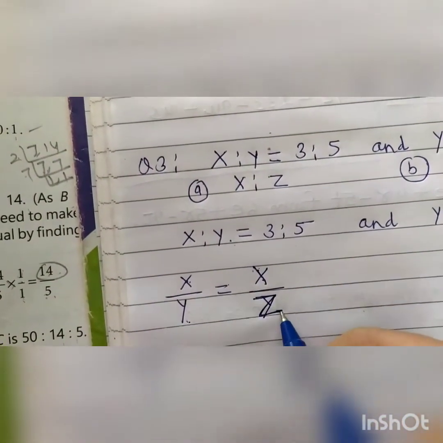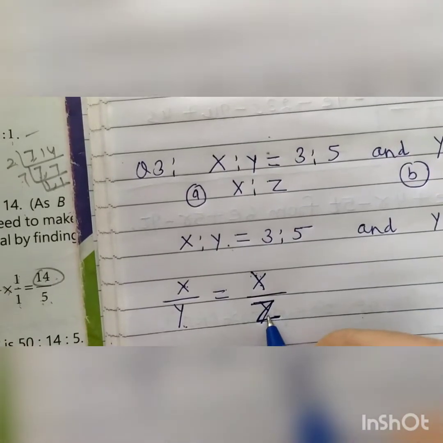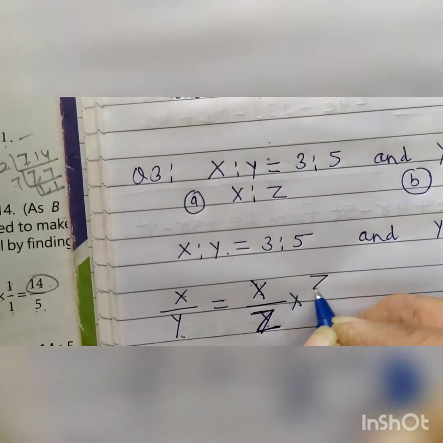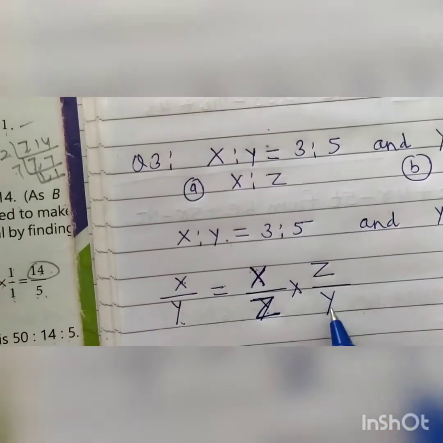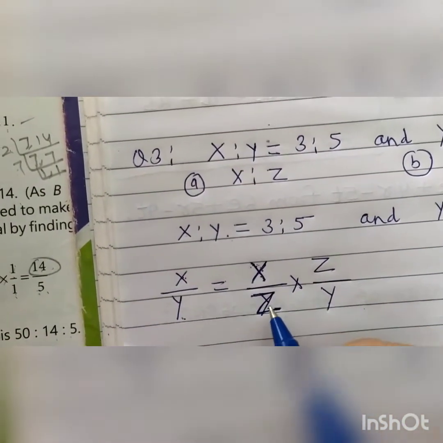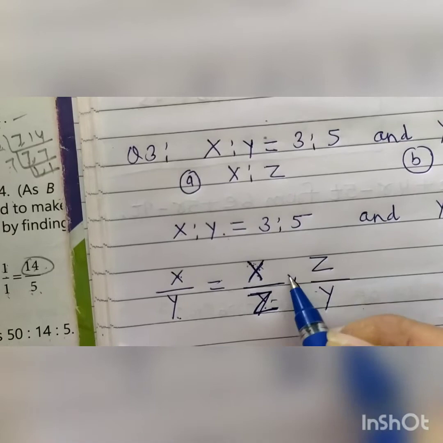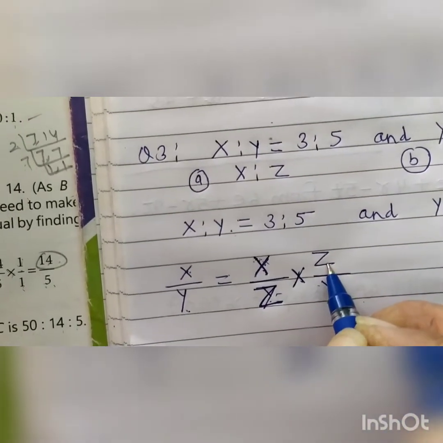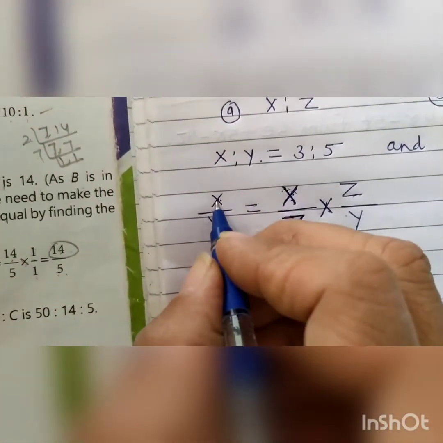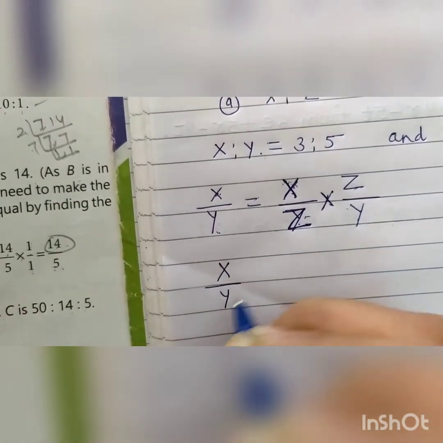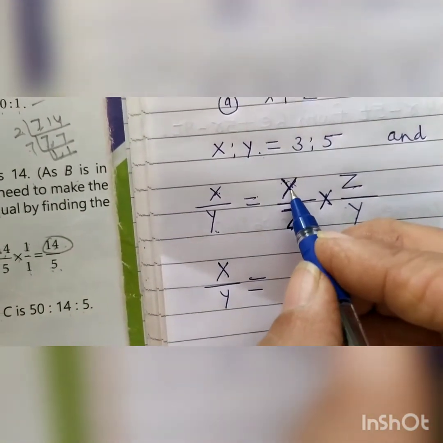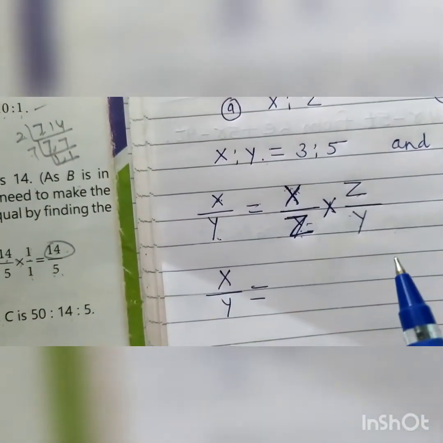First we will divide here, it will be x upon z and then we will multiply here by z. We will divide this x upon y by z and we will multiply it by z here. Now this x upon y is equal to x upon z.